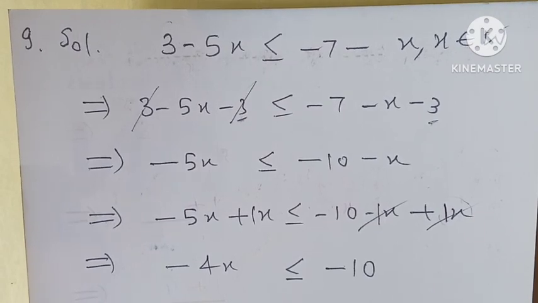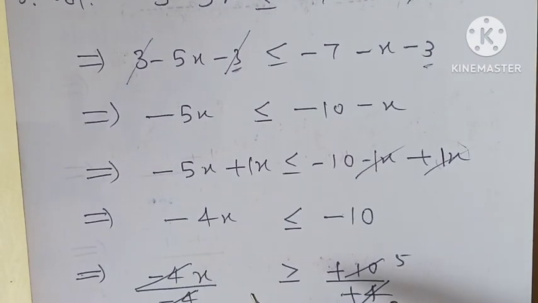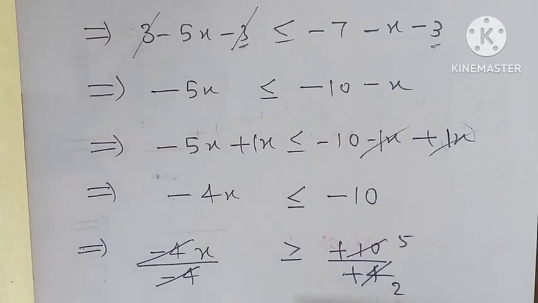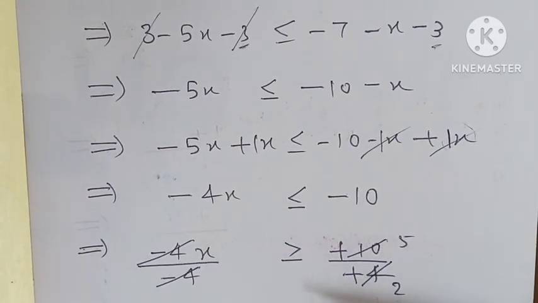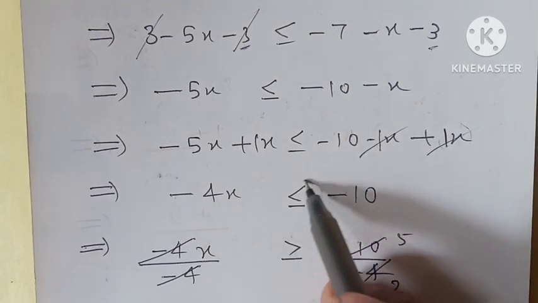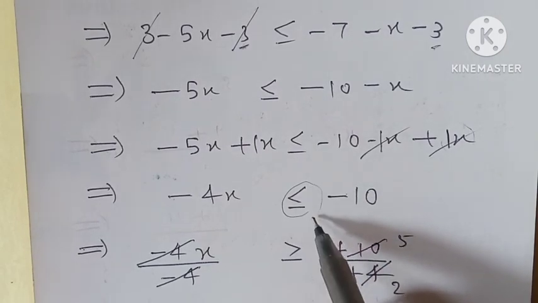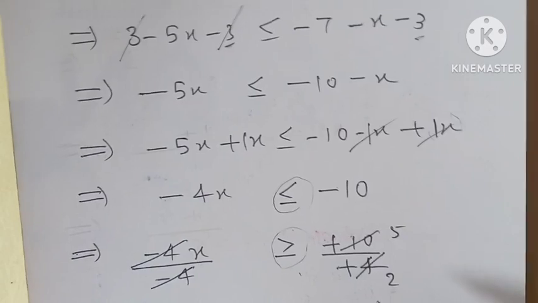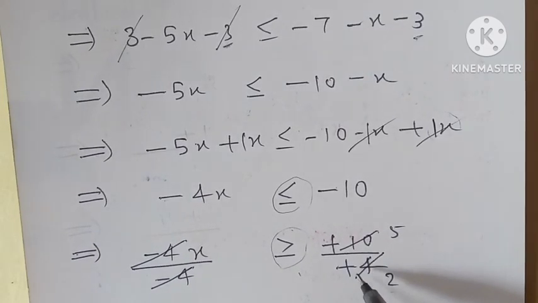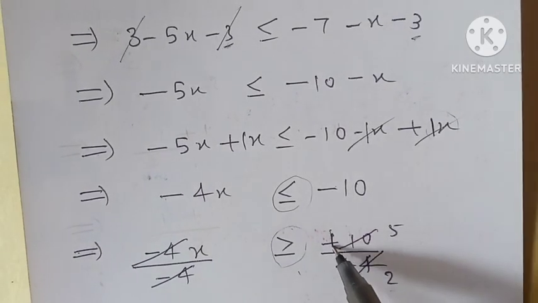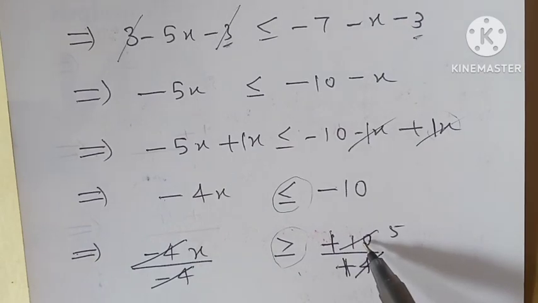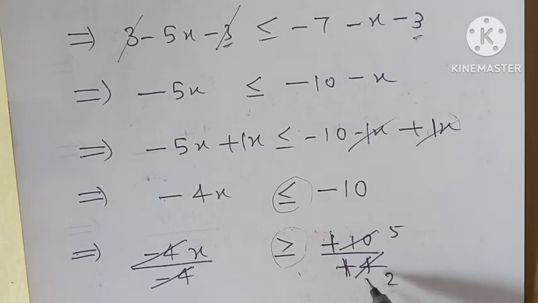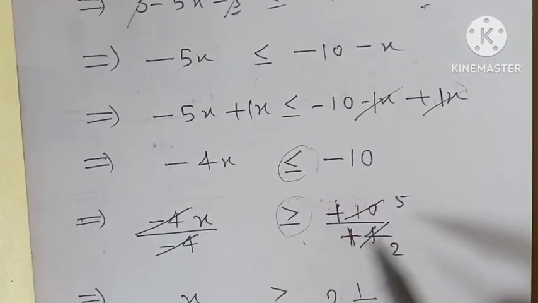Now we have to find the value of x. For that, we have to divide both sides by minus 4. The minus 4 are cancelled, but again the sign will be reversed, and here it is less than, it becomes more than. So minus 10 upon minus 4, so minus minus cancel, it becomes plus. Now cancel 10 by 2, it is 5, and 4 by 2, it is 2.